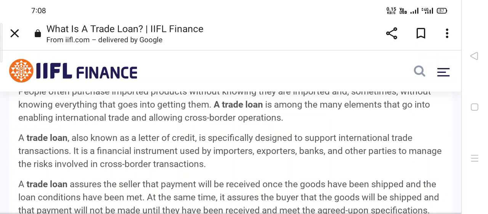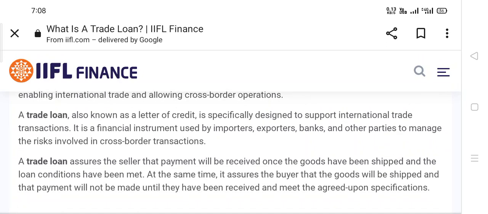It is a financial instrument used by importers, exporters, banks, and other parties to manage the risk involved in cross-border transactions. A trade loan assures the seller that payment will be received once the goods have been shipped and the loan conditions have been met.